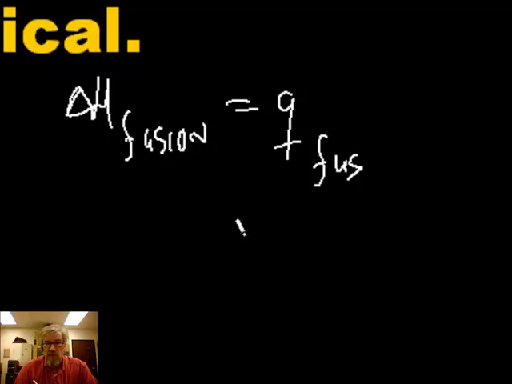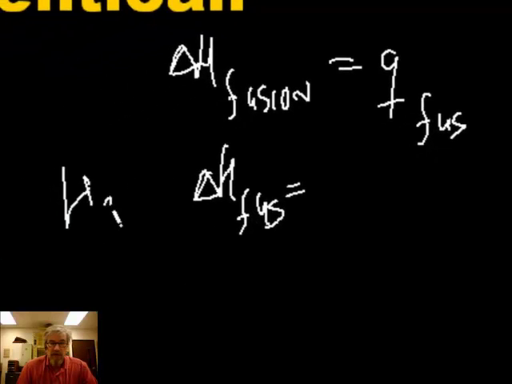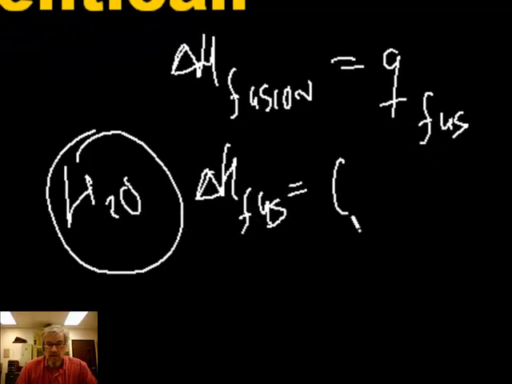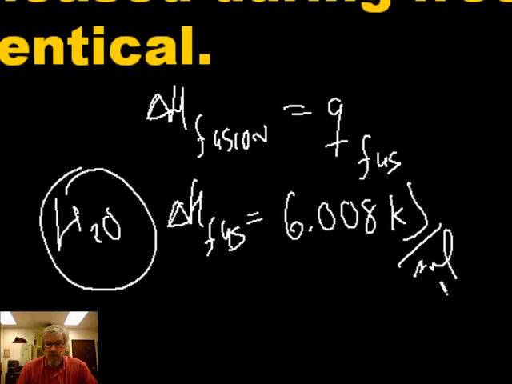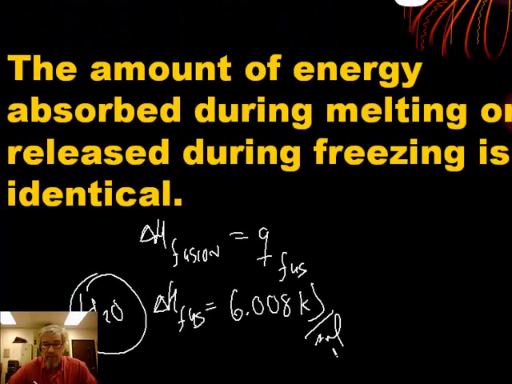This is going to be different from substance to substance, but every time a given substance melts or freezes, the amount of energy absorbed or released is going to be the same. And this is typically given in energy units per mole. For example, water has a delta H of fusion, this is for H2O only, of 6.008 kilojoules for every mole of water that you freeze or thaw.